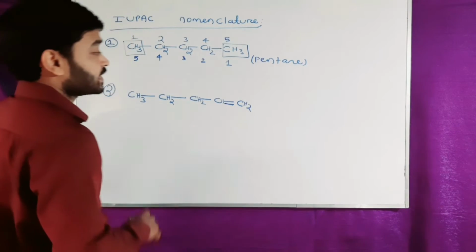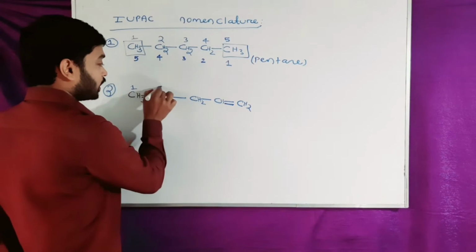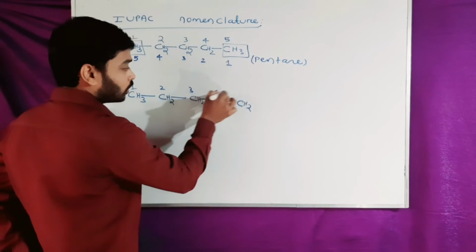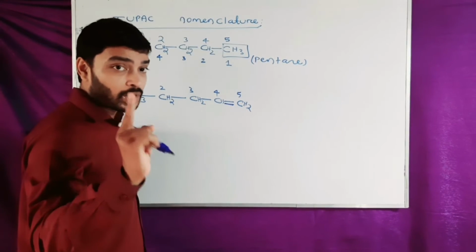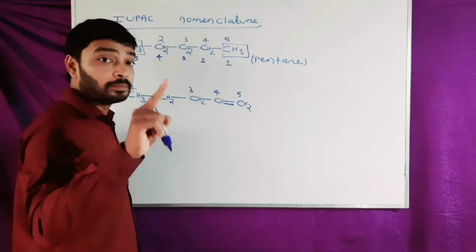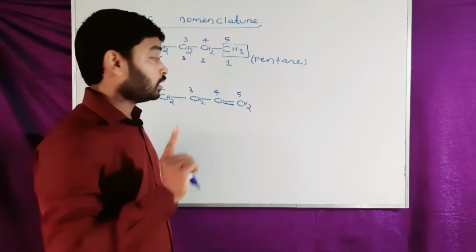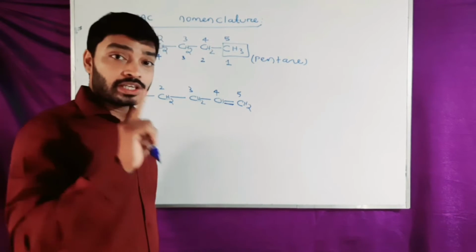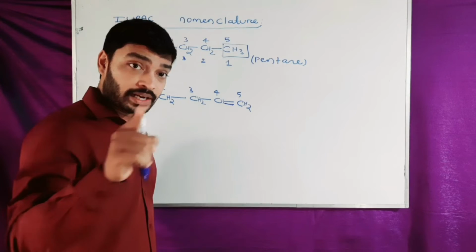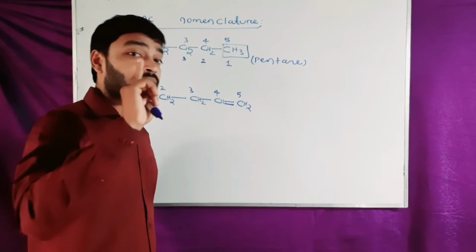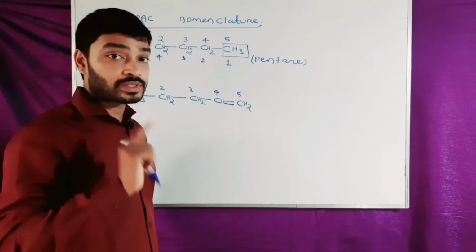So in this case, what happens? You cannot number like this because I have told that the senior functional group always gets number 1 position or minimum number. Number 1 position is given when the functional group is monovalent and contains a carbon atom. At that time, the number 1 position starts from the carbon atom of the functional group.